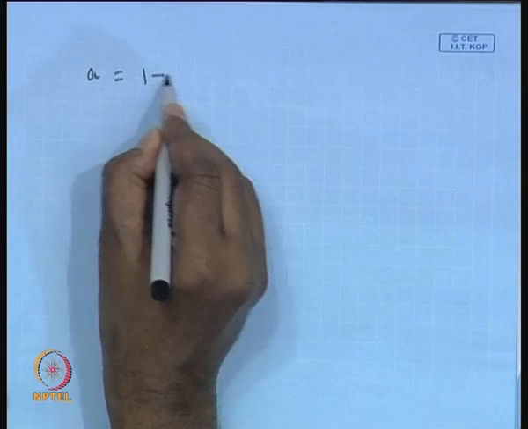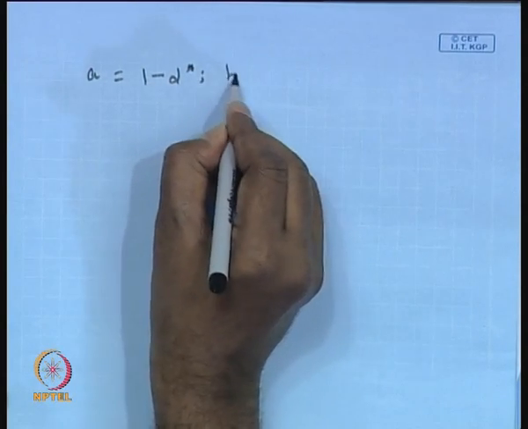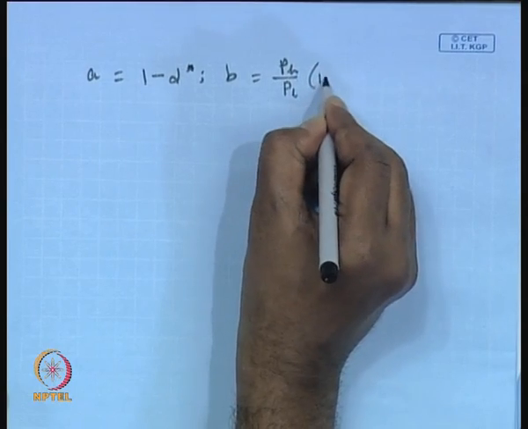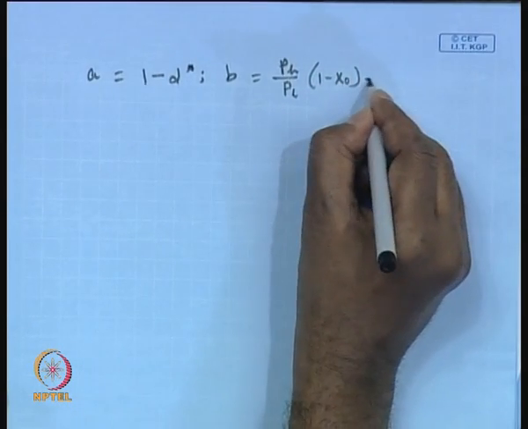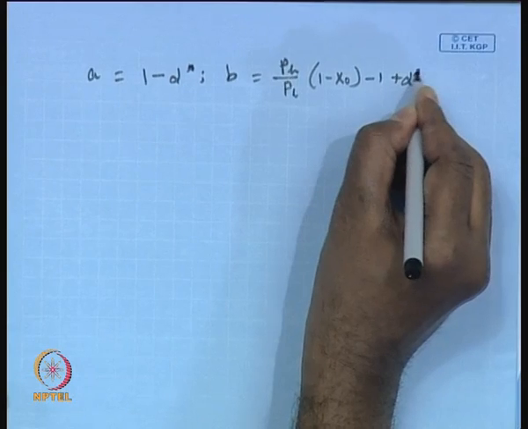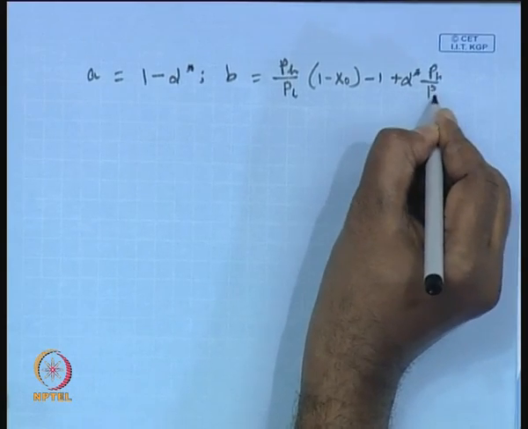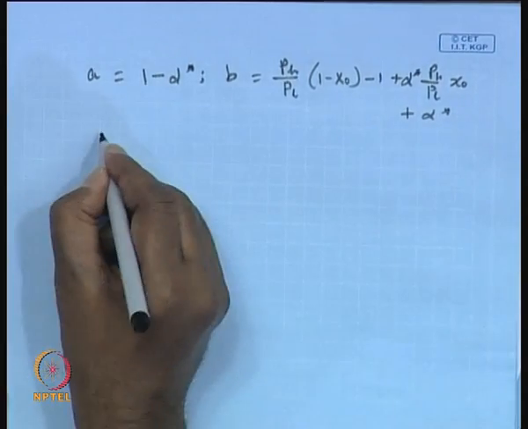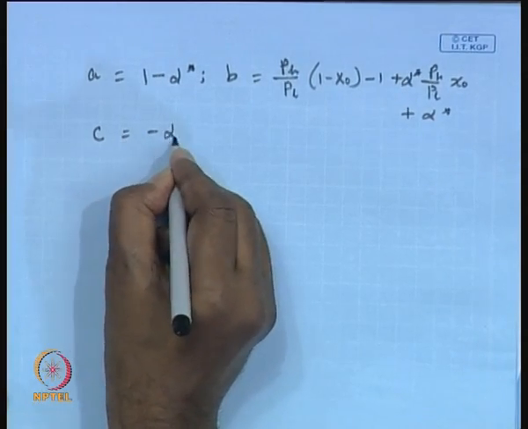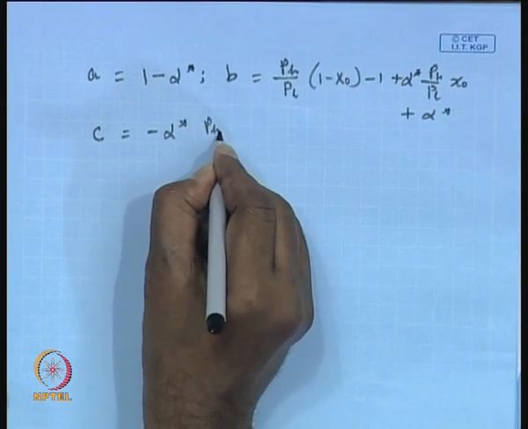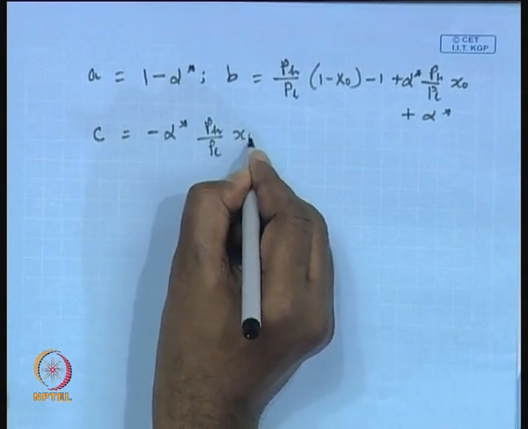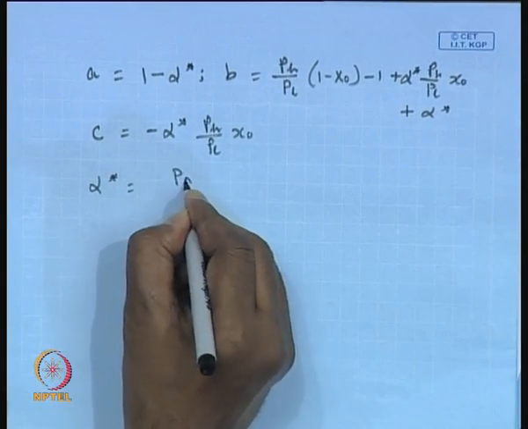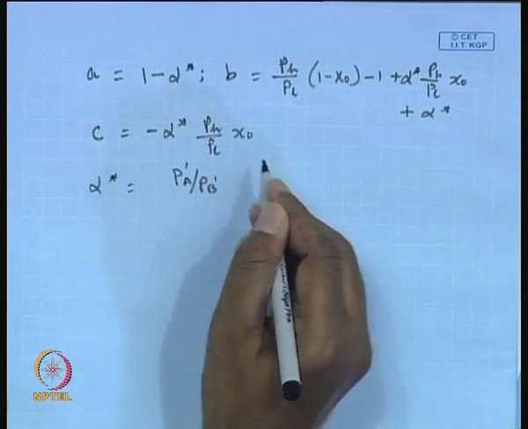A is nothing but 1 minus alpha star, B is equal to pH over PL times 1 minus x naught minus 1 plus alpha star, pH by PL times x naught plus alpha star. C is minus alpha star pH by PL times x naught, and alpha star is PA prime divided by PB prime.